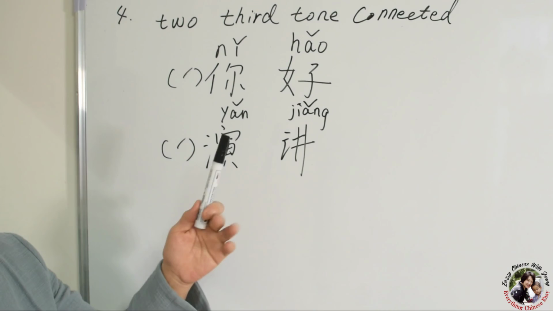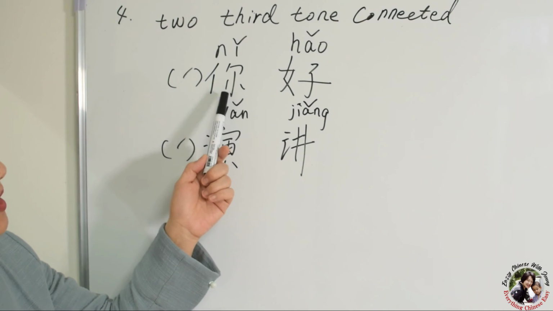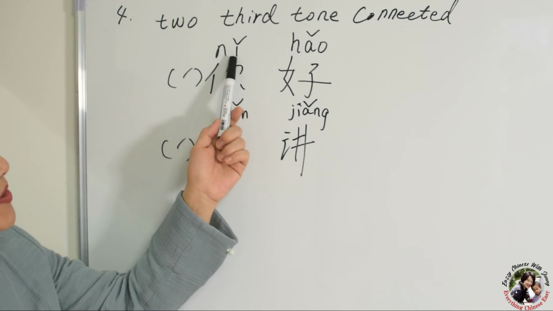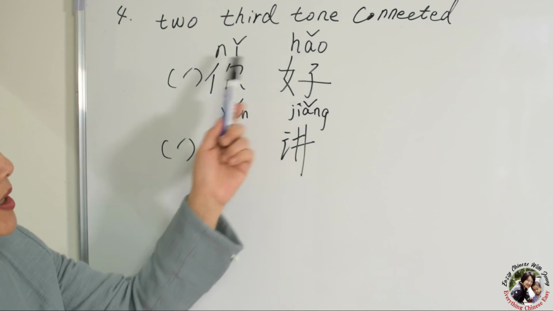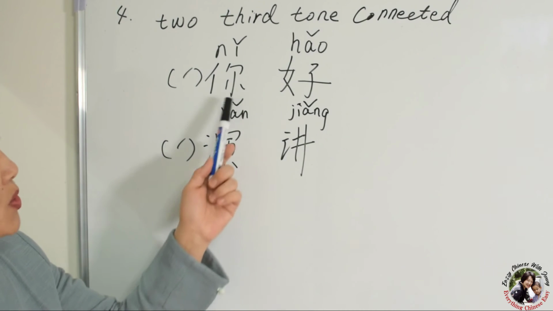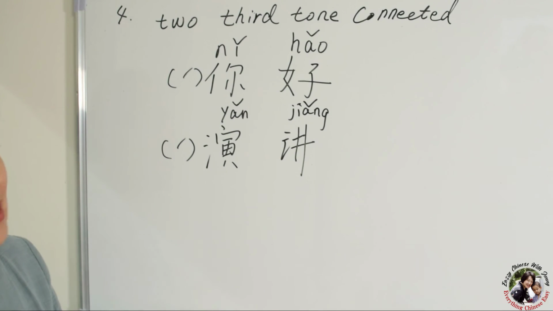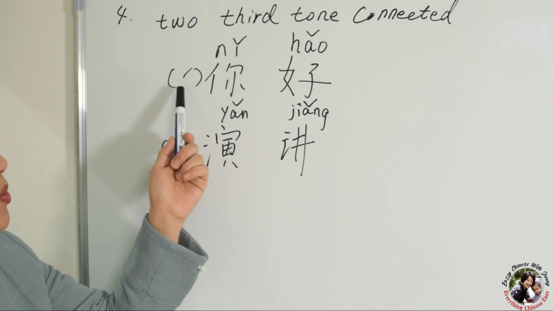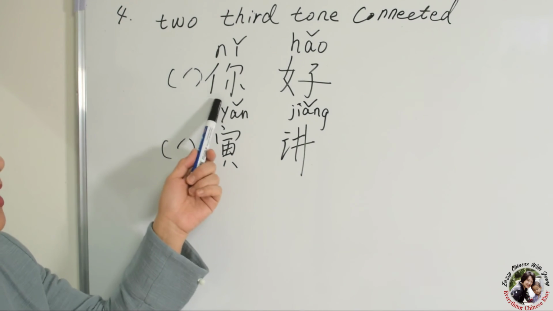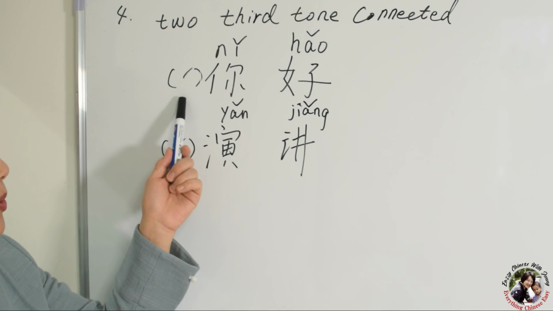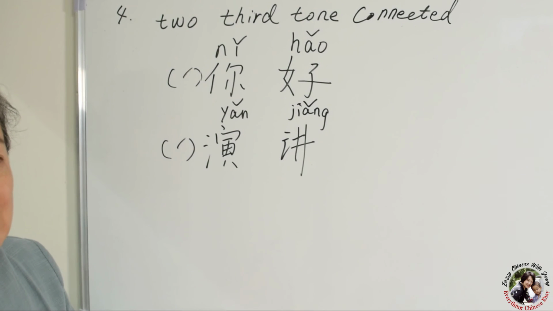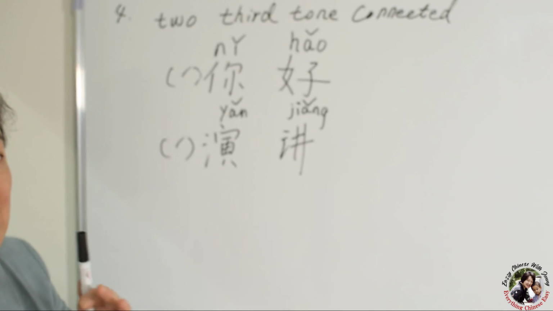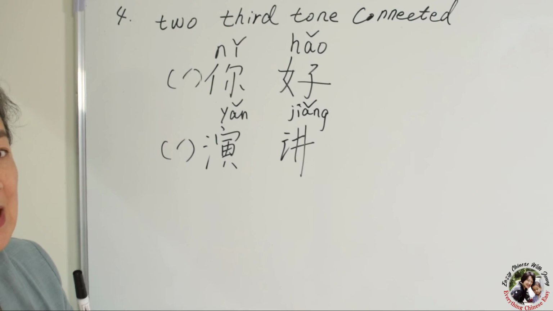Like English, how are you? 你好. They are both third tone. However, when you speak these two characters together, when you greet people with 你好, you would say the first character in the second tone, not the third tone. So you say 你好. Can you tell the first character 你 instead of 你?